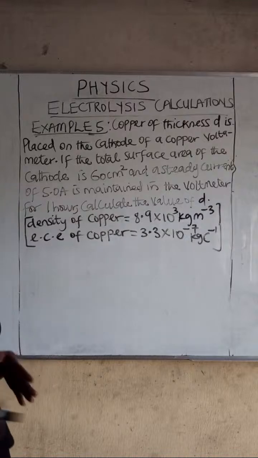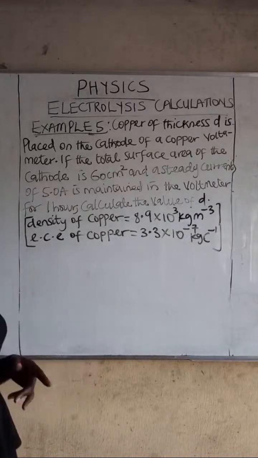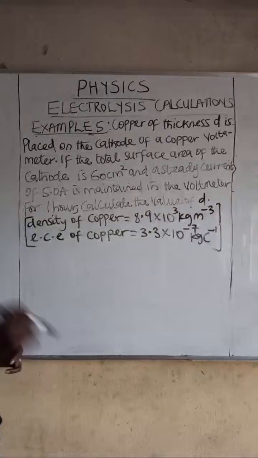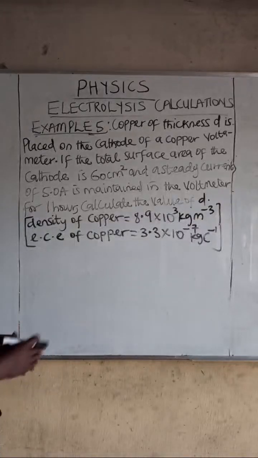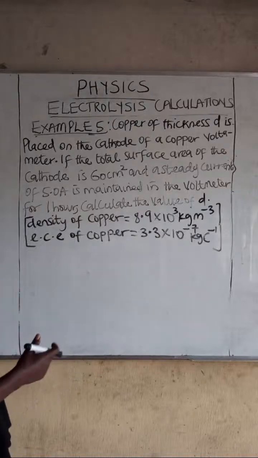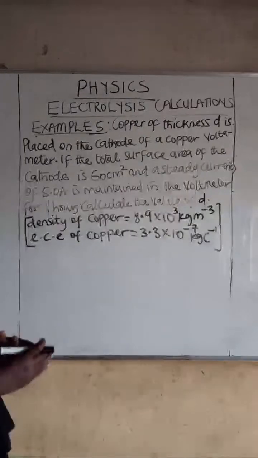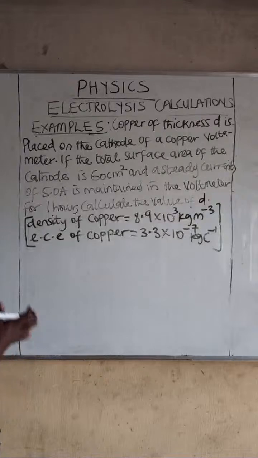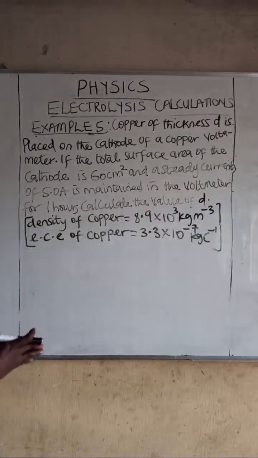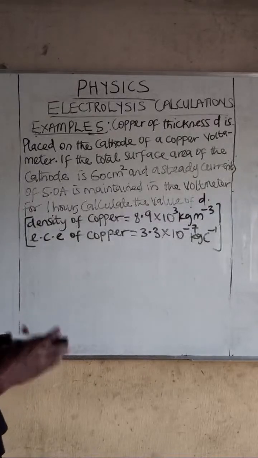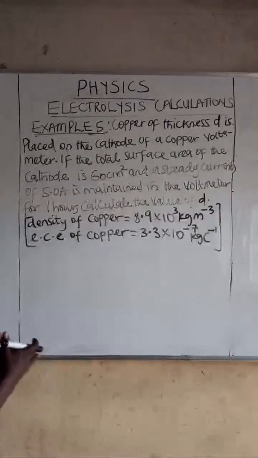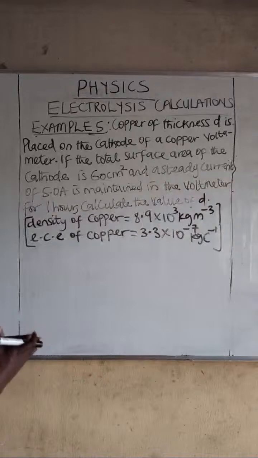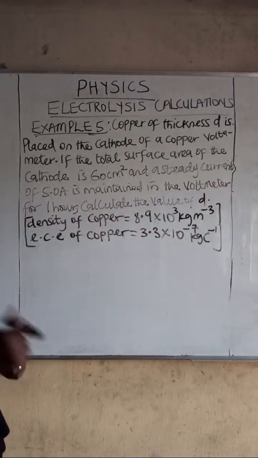If the surface area of the cathode is 60 centimeters squared and a steady current of 5.0 amperes is maintained in the voltameter for 1 hour, calculate the value of D.